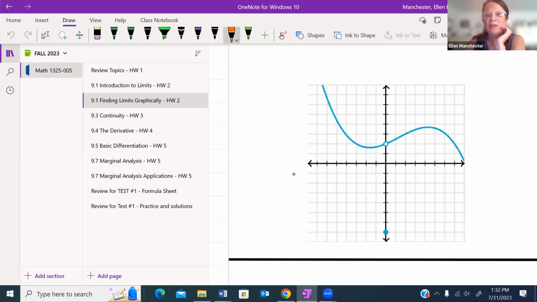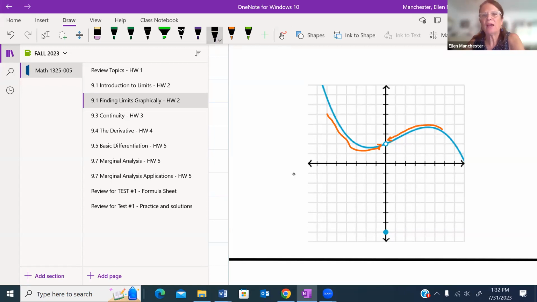So when you look at this, and you'll see this in class, I have fingers. This one is my left finger, and it's approaching here. This is my right finger, and it's approaching the point here.